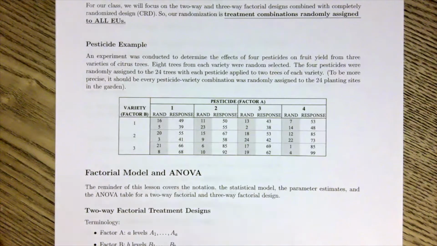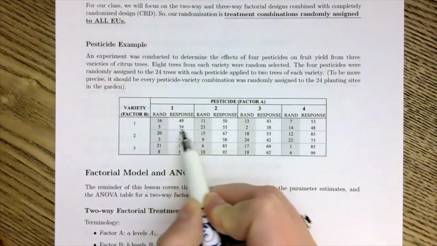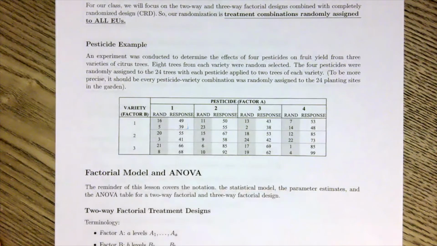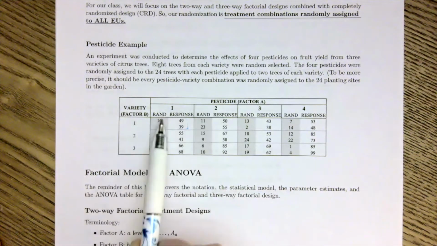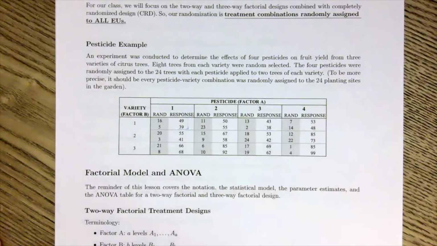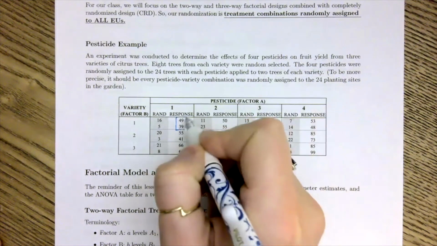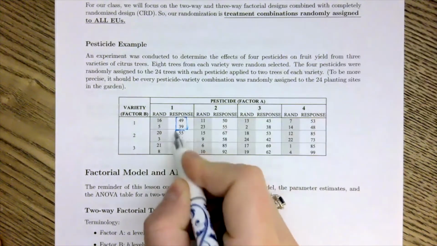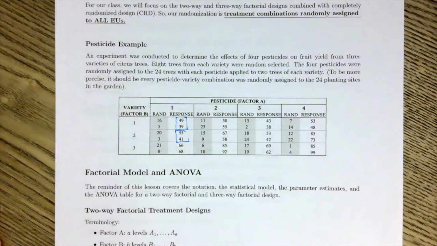And then we have our response right here for our cross of variety and pesticide. These numbers in the shaded area are the randomization, or how we randomized across all these trees. This is called the cell of our design. Here's one, and then here's another one. And if we average these numbers, we would get the cell mean, which is similar to what we talked about in the GRCBD.